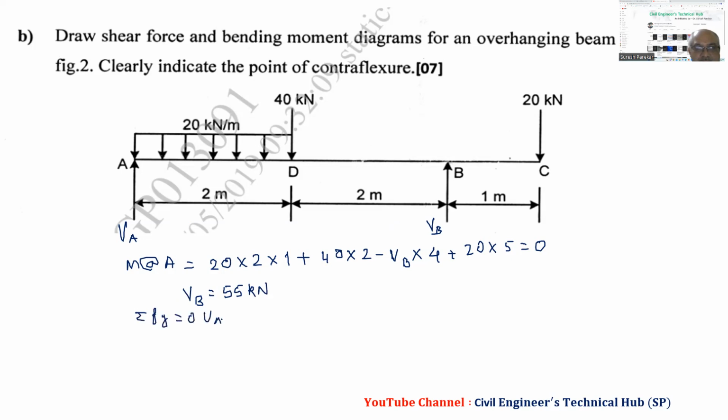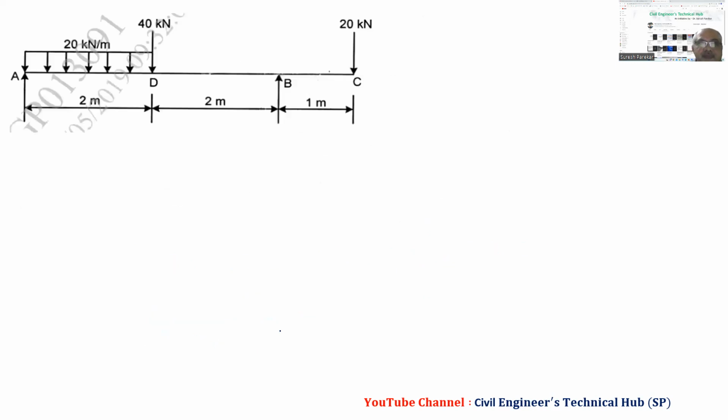So we have VA minus 20 into 2 minus 40 minus 20 plus VB equal to 0. And from this we will get VA 45 kilonewtons. So we have VA 45 kilonewton and VB 55 kilonewtons.